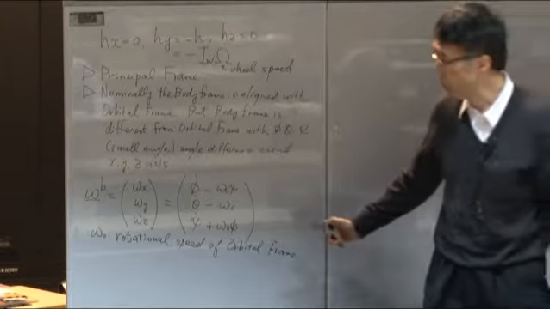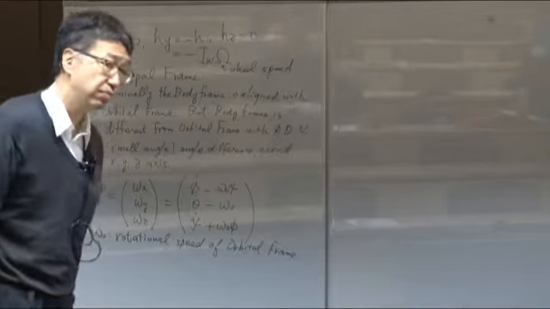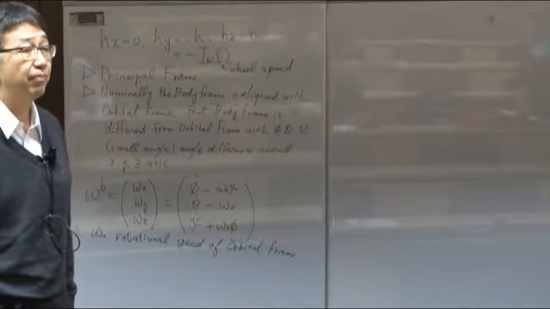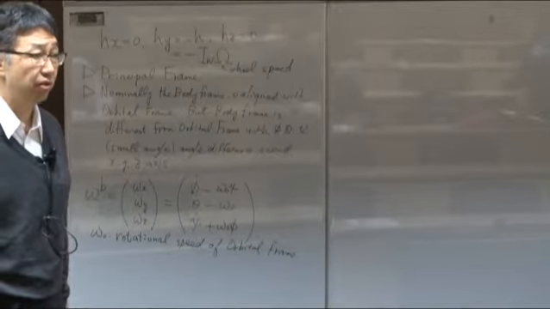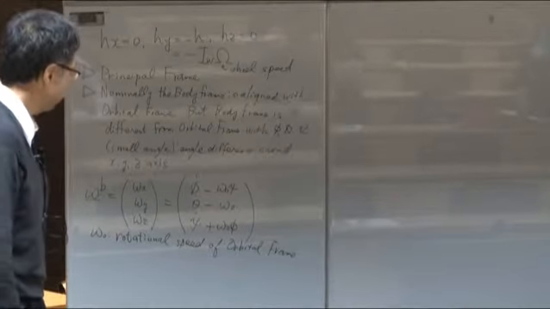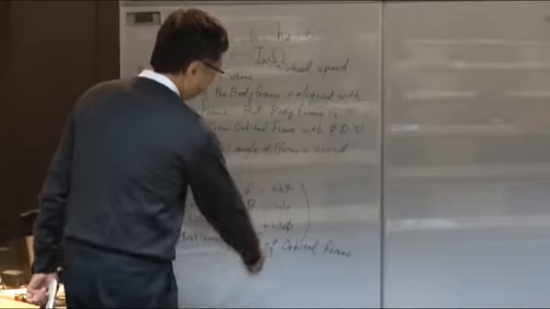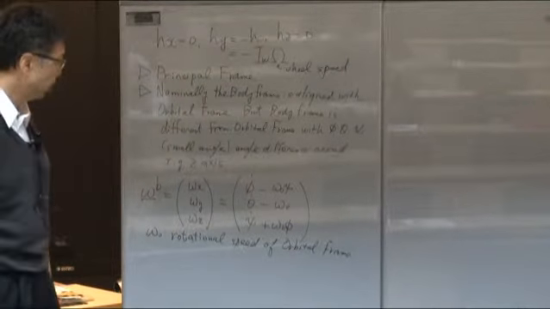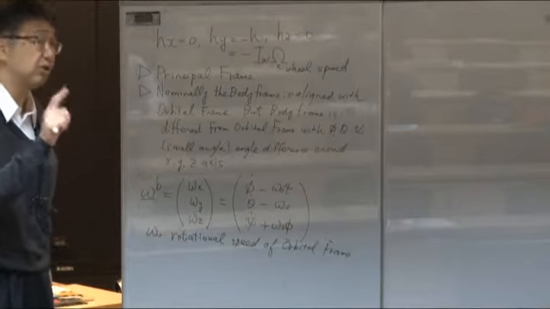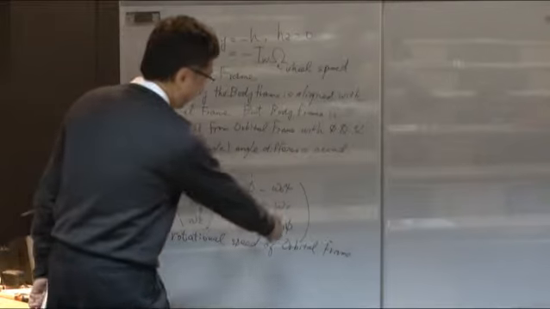In that sense, omega 0 is the rotational speed of the orbital frame, which means the angular velocity around the Earth. For the y-axis, the rotational speed of the orbital frame is minus omega 0. So please consider the sign. It is minus omega 0.